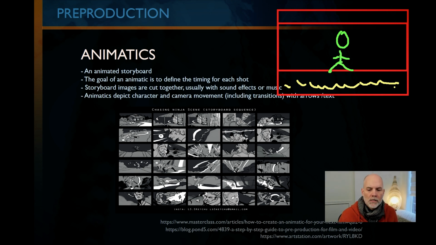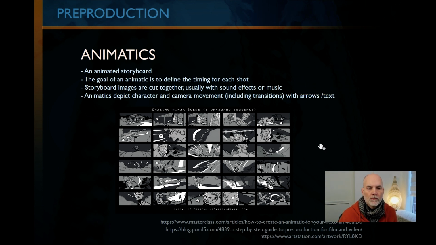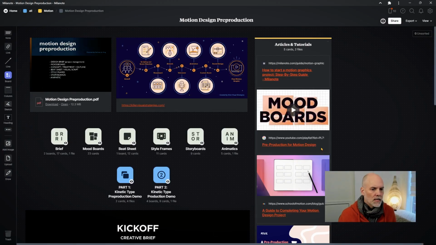So there's all kinds of ways to build these out from your storyboards. But it's kind of an evolving process, right? It's not really ever going to be one thing that you do and then put away and then start another.